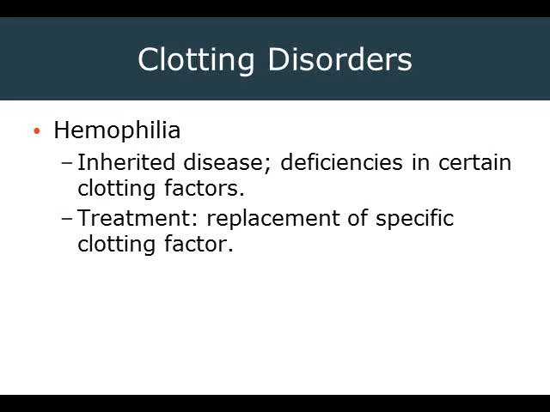Because females have 2 X chromosomes, they may carry one normal and one defective gene for factor 8. They can be carriers, but their blood clotting is normal. However, if a male inherits the defective X chromosome, he will have hemophilia, because males have an X and a Y, while females have XX. So if you have one good and one bad, you can usually counterbalance. But if you only got one, that sucks.